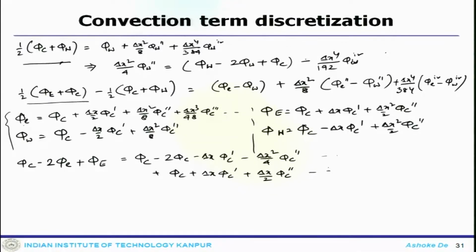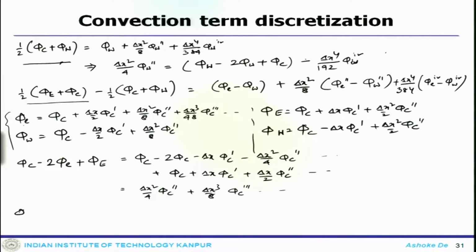So, which will simplify to delta x square by 4 phi c double prime plus delta x cube by 8 phi c triple prime and so on.